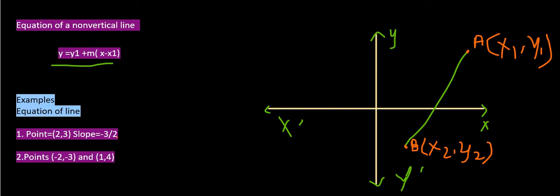By putting the values of y1 and x1 and the slope, we can get the equation of a non-vertical line.